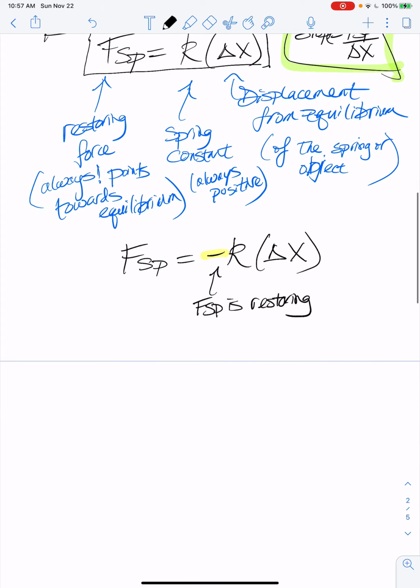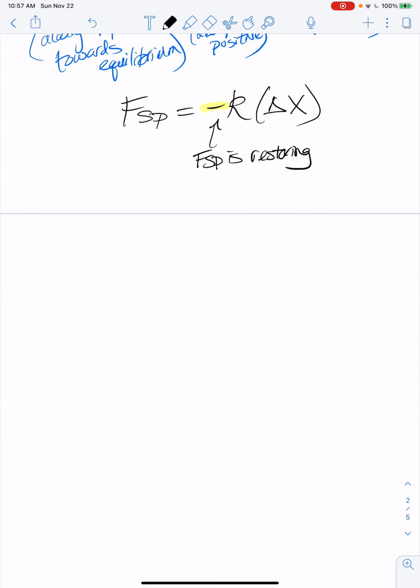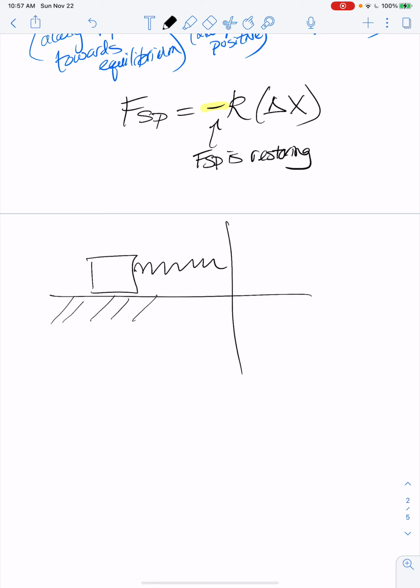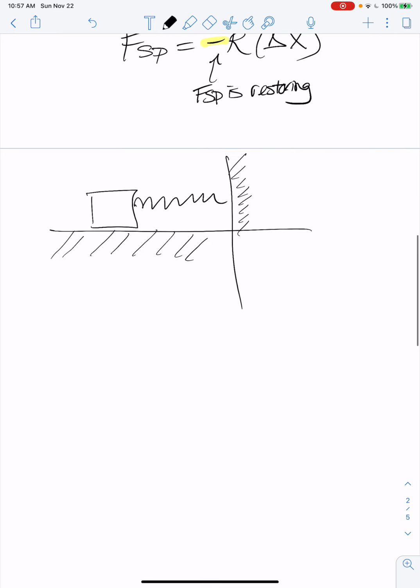So for instance, let's say you take a mass and attach it to a spring. All right, this is the floor, this is the wall. And then you take that mass and you compress it.